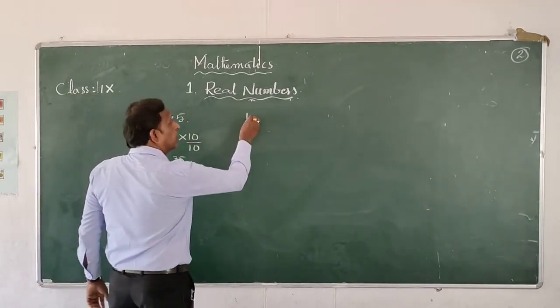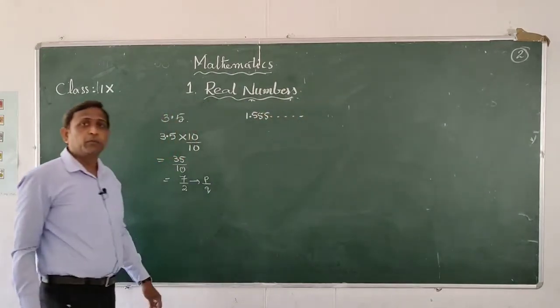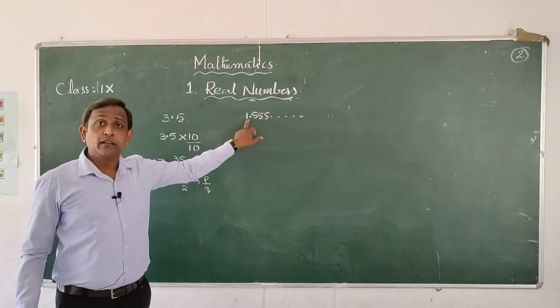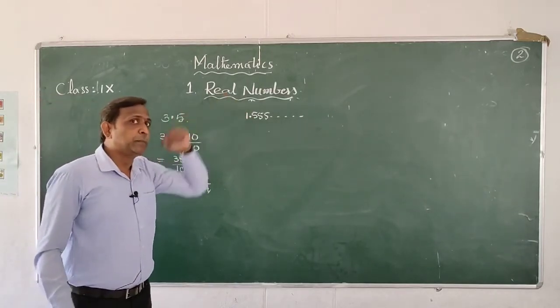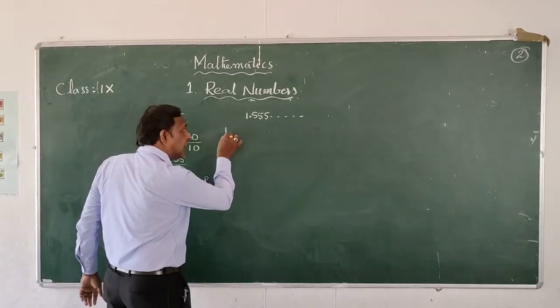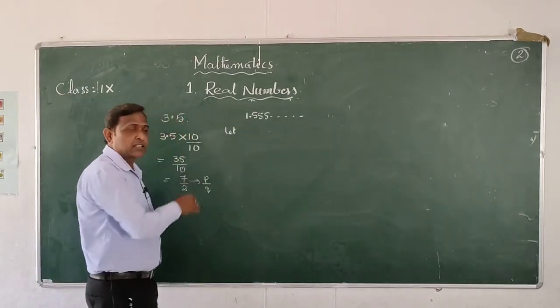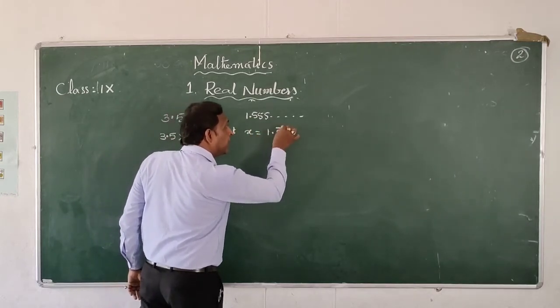1.555, and so on. This is the given problem here. It is a non-terminating repeating decimal, but I want to convert this into the form of p by q. First of all, you can consider the given number as x. So let x be equal to 1.5 bar.